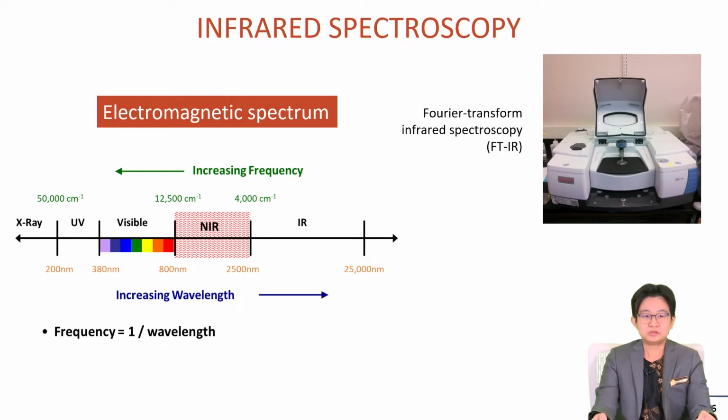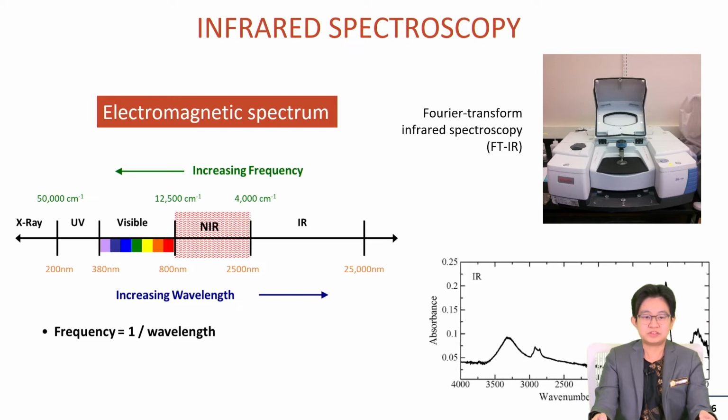Infrared spectroscopy is the study of matter and light. Infrared is light that has a longer wavelength than visible light. When this light passes through a material, some of it will be absorbed and some will be transmitted.